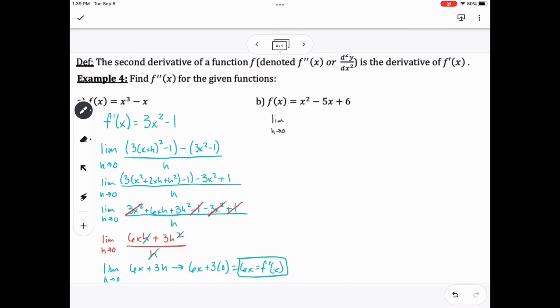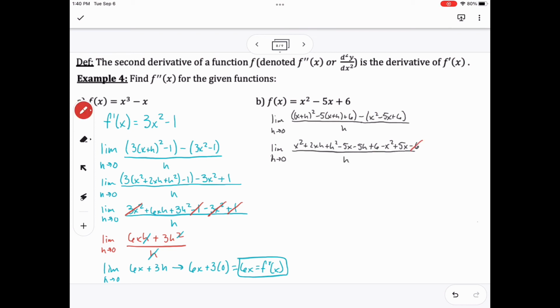Letter B: if you're not given the previous one, you'll have to find it. So for letter B, I have to plug it into two places, just like I did for the x cubed minus x in the previous example. I plug in x plus h into the function, and then minus the original function. Then I multiply all my stuff out.